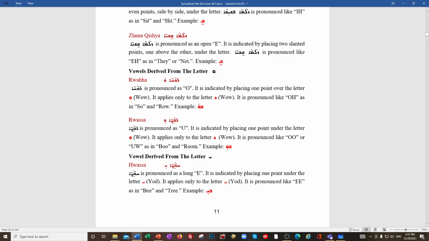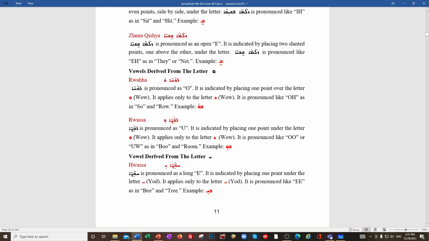Example, if I put it with the letter Beth, b, with this vowel it is going to be bo. You see this one? This is the letter Beth with the vowel. You're not going to say I have two letters, even though this one looks like the letter wow, but this is not a wow anymore. This is a vowel. B.